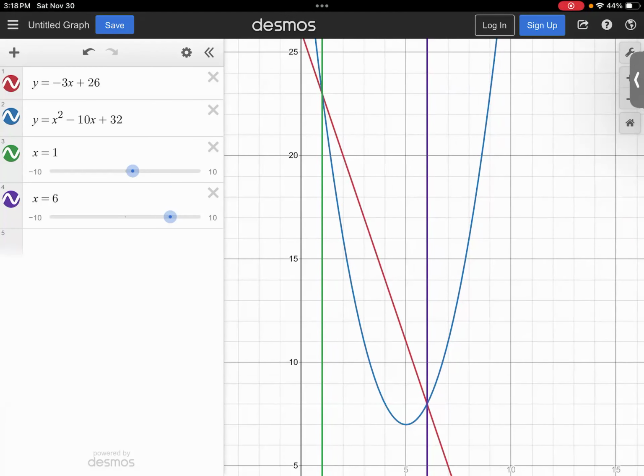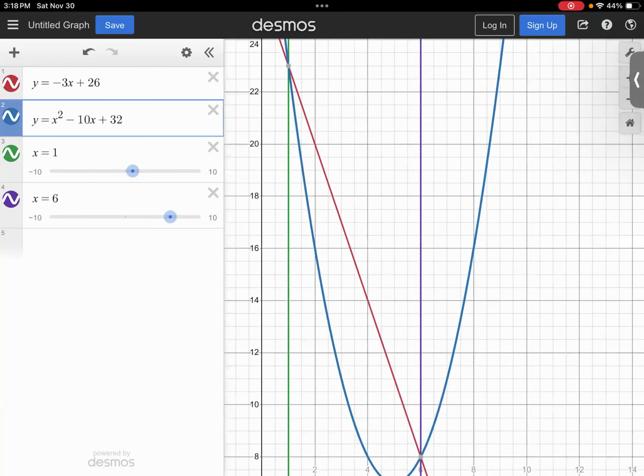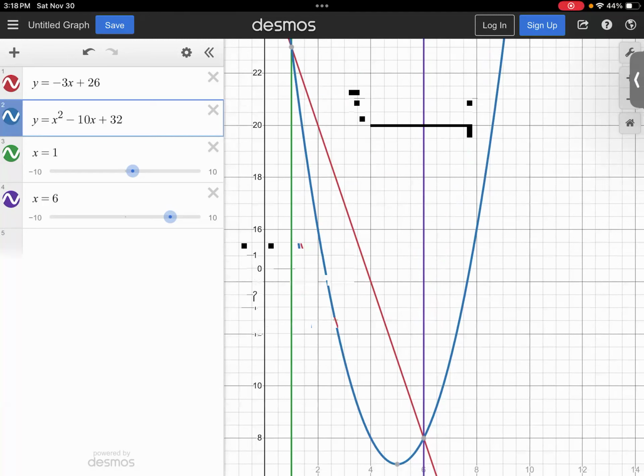And what it looks like is that x equals 1 is green, x equals 6 is purple. In between there, y equals negative 3x plus 26 is on top, and y equals x squared minus 10x plus 32 in blue is on bottom.